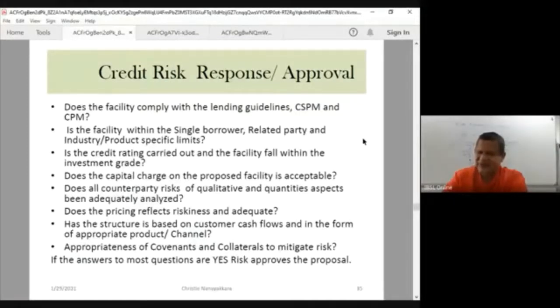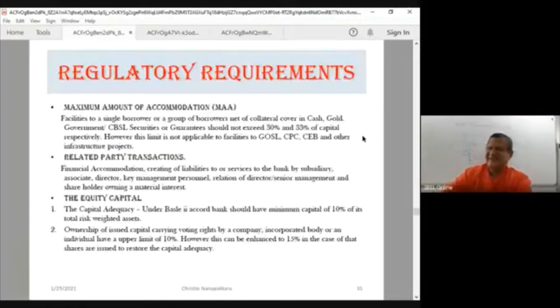You need to take mortgage protection on the same, and you need to take insurance on the same house. Those are the appropriateness checks. If the answers to most questions are yes, risk will approve the facility. So that's the response. Now, some of the things we looked at there are called regulatory requirements.